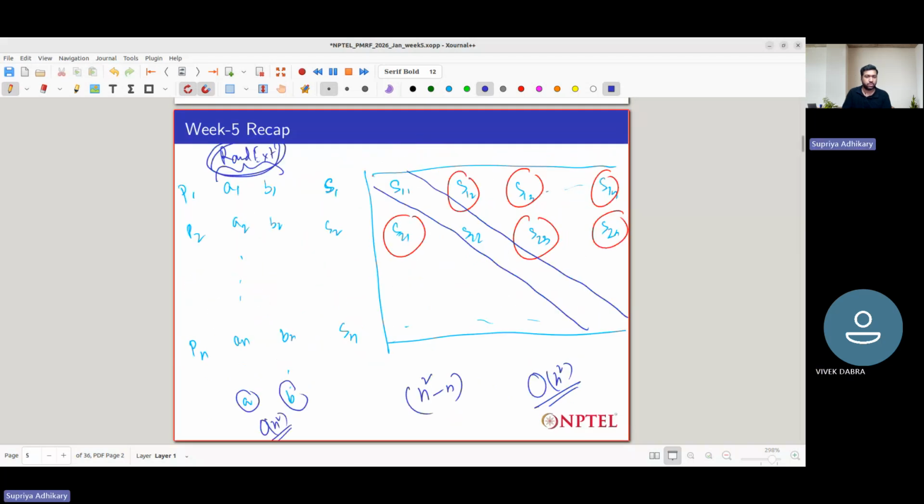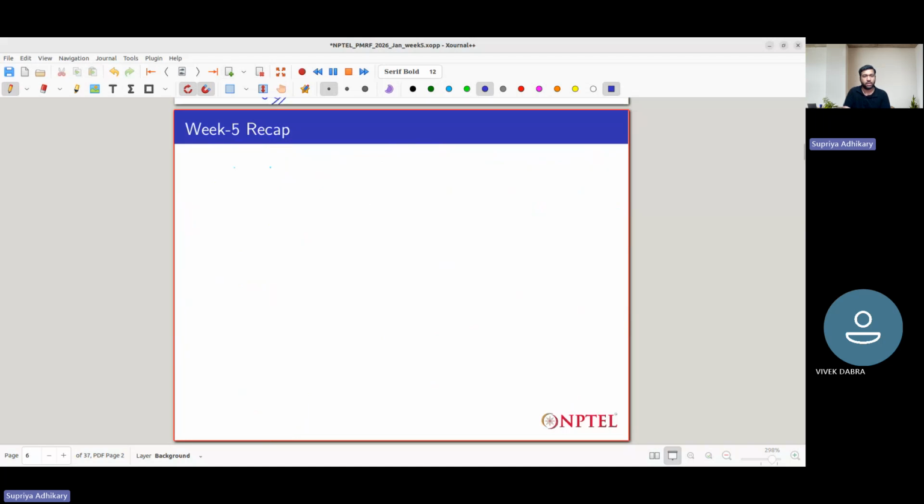The reconstruction happens when we have A1 to An, B1 to Bn, and C1 to Cn, such that after reconstruction, if we get A, B, and C, this relation holds. We do not reconstruct A, B, or C.